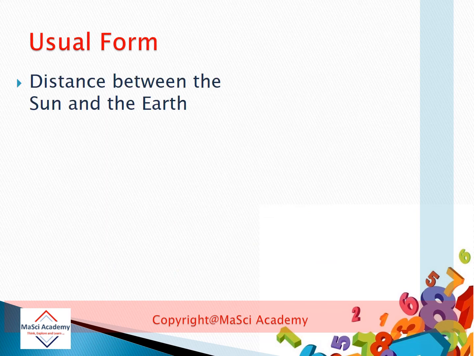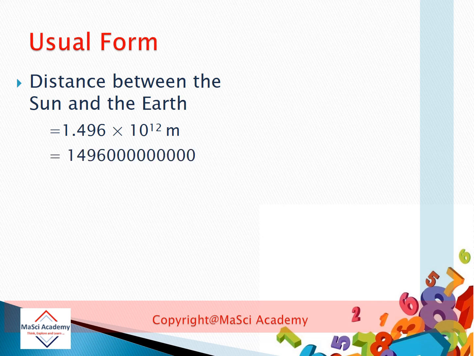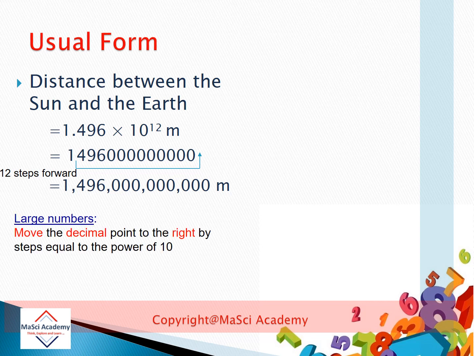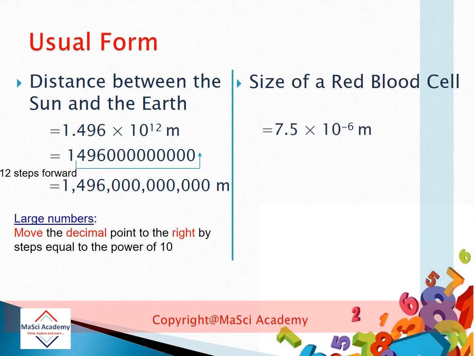Now how do we convert back from exponent form to the usual form of a number? The distance between sun and the earth is 1.496 into 10 to the power 12. In this case, we move the decimal point 12 steps forward and we get the large number that denotes the distance between sun and the earth. For small numbers, again the size of red blood cell is given as 7.5 into 10 to the power minus 6.